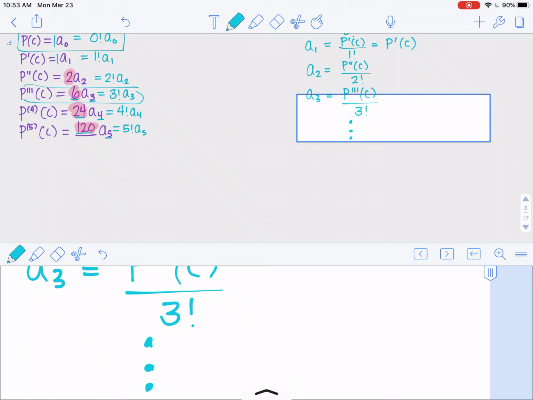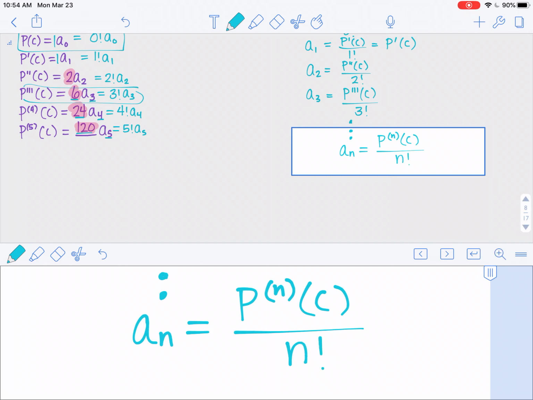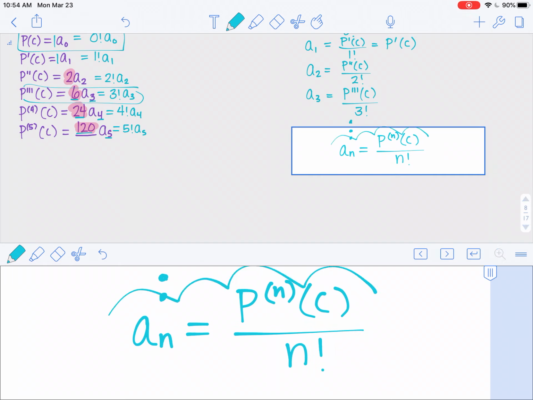How do I come up with the nth coefficient? The nth coefficient would be the nth derivative evaluated at c divided by n factorial. And this is the key to being able to come up with the coefficients in these approximating polynomials.